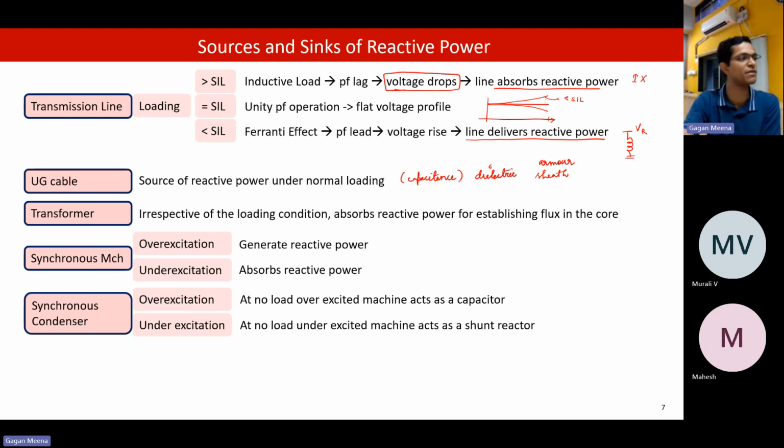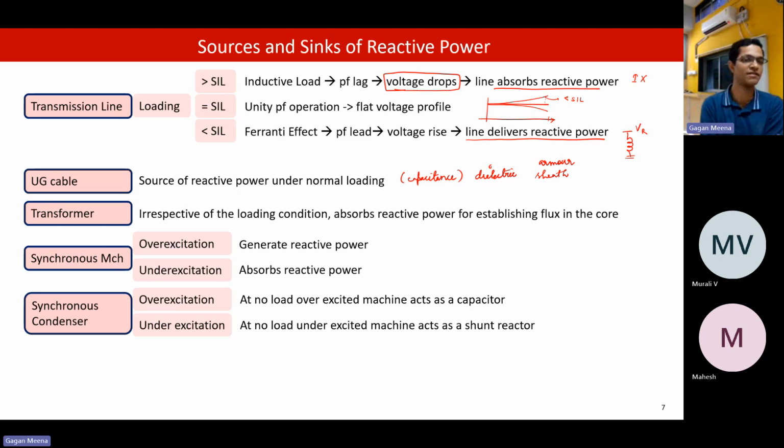It was used when power electronics devices were not there. These SVCs were not available. Before that, the synchronous condenser was used, where it was able to do the work of both capacitor as well as reactor.